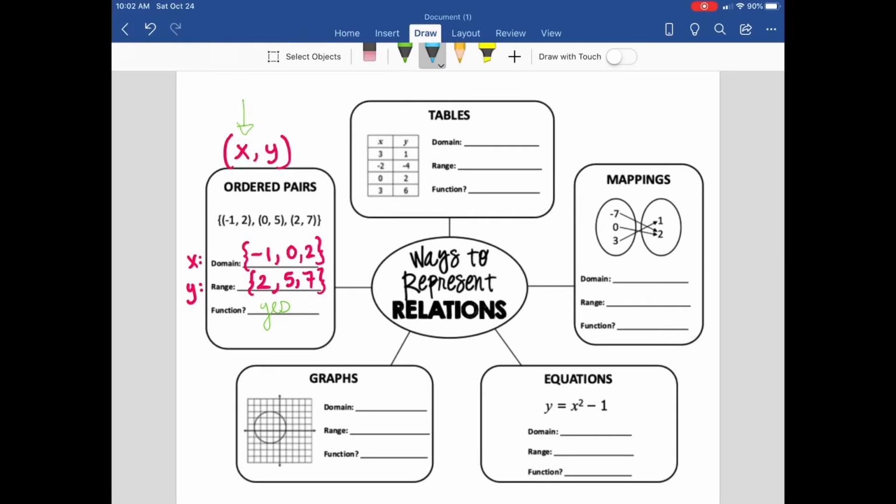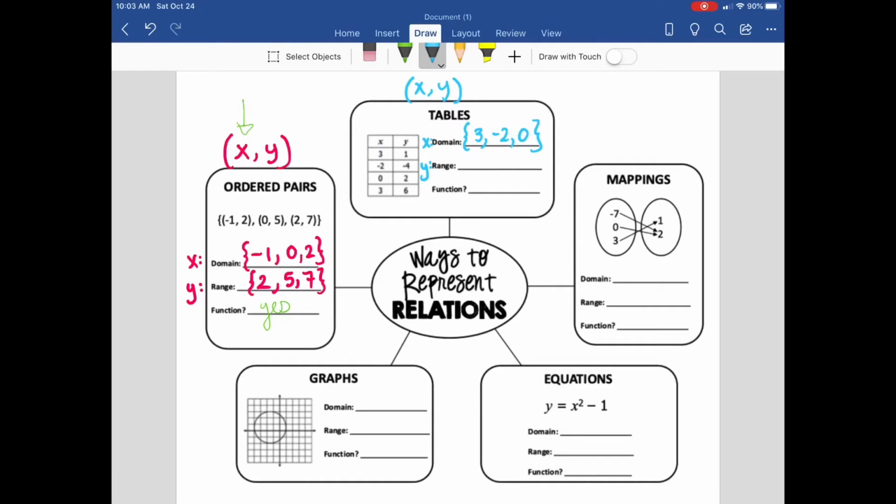Now let's look at the example for the table. You'll see the x values in this are the first column and the y's are the second. We could always write these as ordered pairs as well, but no need. So let's write out what our domain is. Those are the x's, so the domain is 3, -2, and 0. And you notice we didn't have to put 3 again because we already identified that it's in the domain. The range is now going to be the y values.